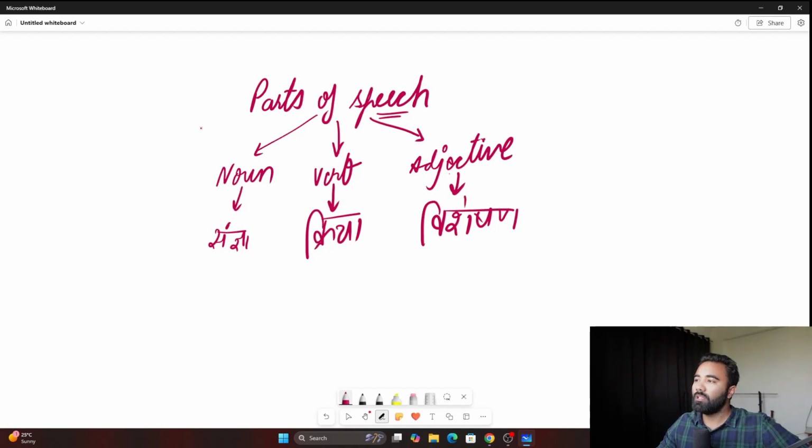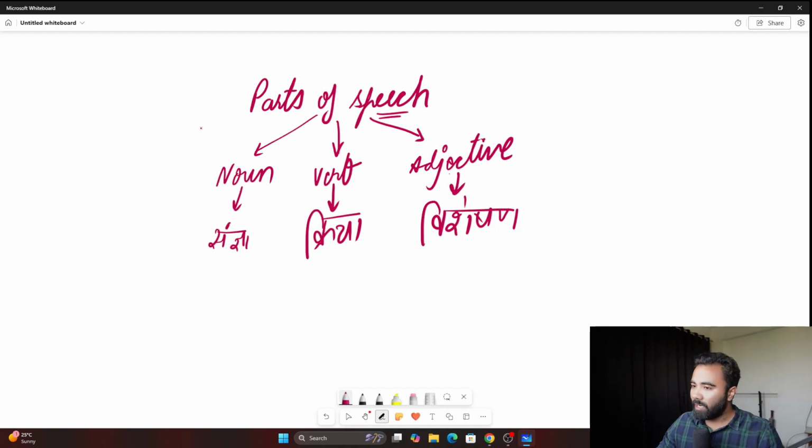For example, if I say it is hot outside, since it is summer in this part of the year in Bharat, that is one sentence. It is extremely hot outside. So extremely is the word that describes the intensity. Hence it is called adjective, meaning it is giving some extra information about the noun or the verb.